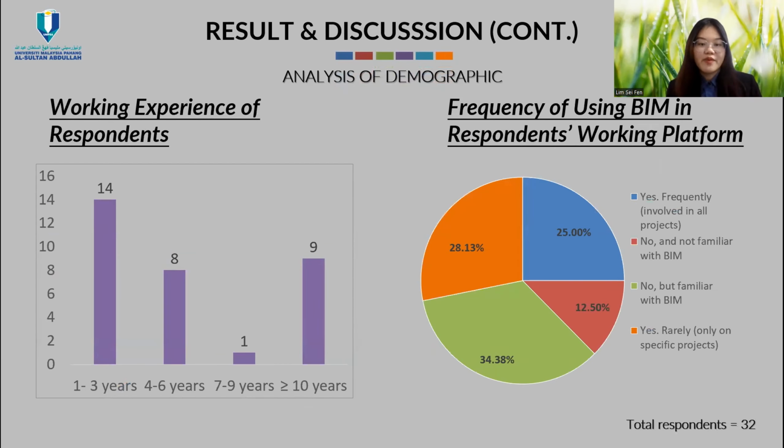In this figure, the majority, constituting 14 respondents, have accumulated 1 to 3 years of experience and 9 respondents have more than 10 years of experience. The distribution across other experience brackets captures insight from both career professionals and those with more intensive industrial exposure.